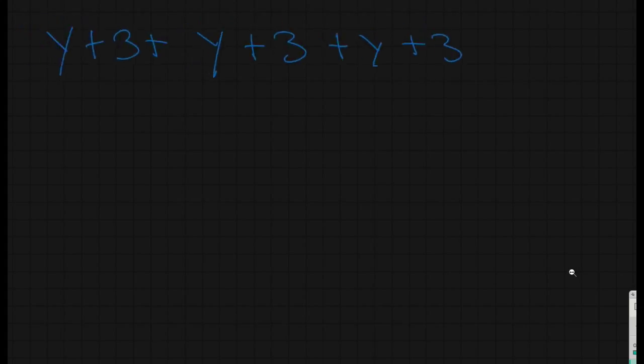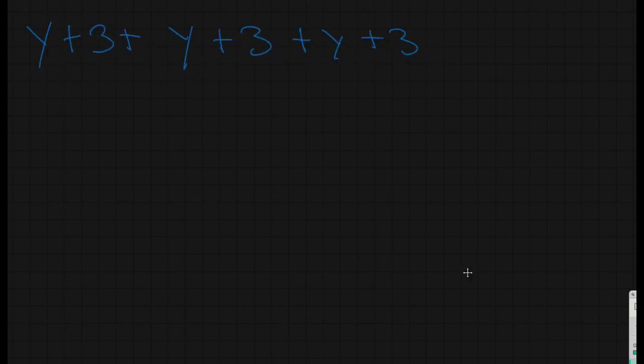Let's take a look at this. What happens when you see something like this, y plus 3 plus y plus 3 plus y plus 3? Well, we're adding 2 different kinds of terms here. We're adding y's and 3's. But we're very lucky. Addition has something called the commutative property. That means it doesn't really matter what order we add things in. We can rearrange them to add them so that they're easier.